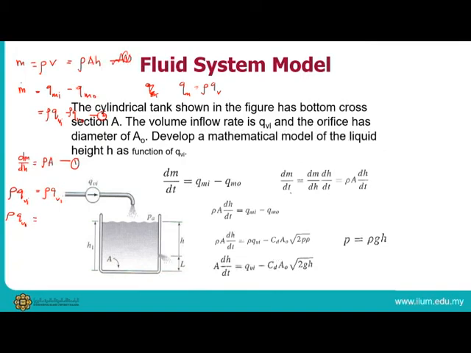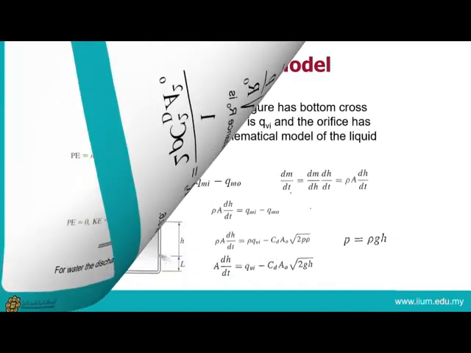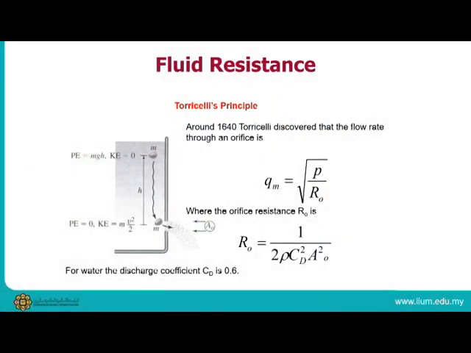If you look into this formula, Qm is equal to the square root of P over R0. So this one is equal to rho square root of P over R0, and R0 is equal to the whole thing here, 1 over 2 rho Cd squared A0 squared.